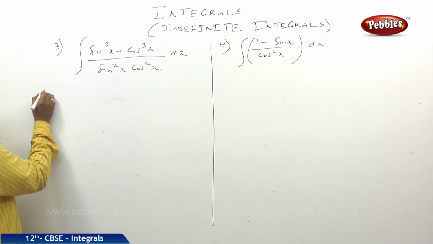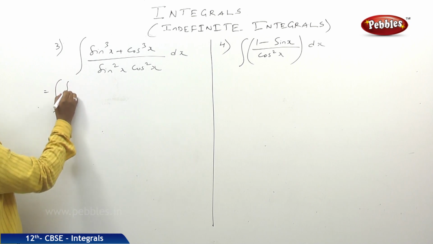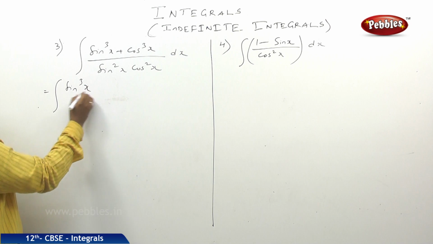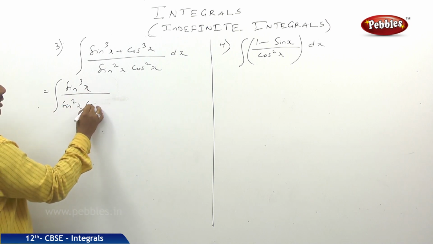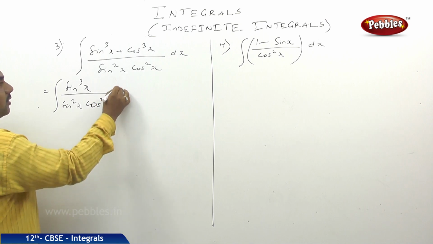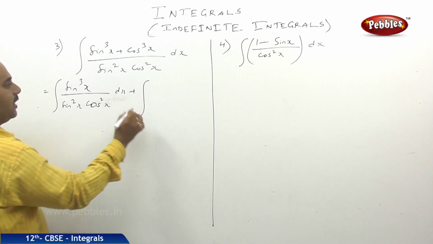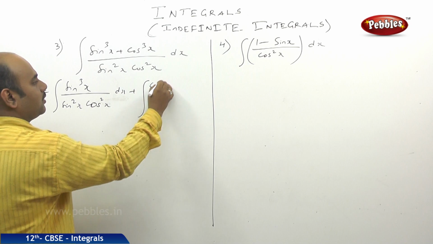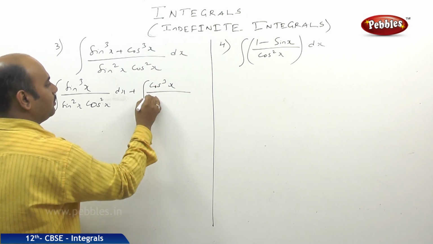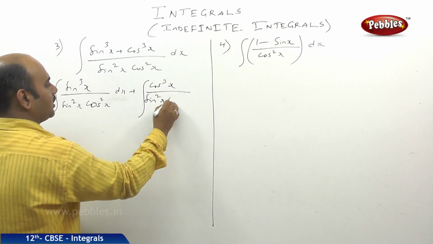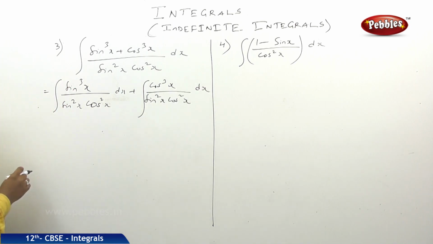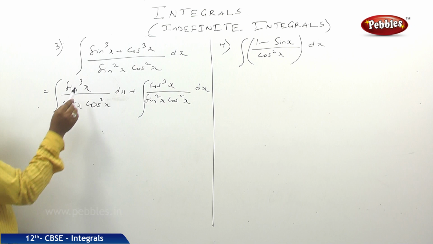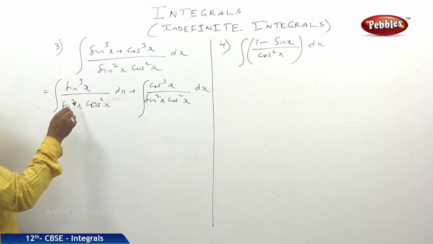So finally that is equal to, I'll write it as, sin^3 x divided by sin^2 x cos^2 x dx plus again the integral of cos^3 x divided by sin^2 x cos^2 x dx. Now if you observe carefully, here sin^3 x is there and here sin^2 x is there.